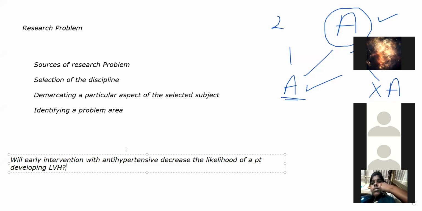If you want to see whether that antihypertensive drug is working and whether there is an effect over the years, generally LVH will occur and it will take time. Okay? It will not immediately occur. As soon as the patient is diagnosed with hypertension, it will not happen that the next day they are developing left ventricular hypertrophy. It will occur over several years where their cardiac muscles are adapting by undergoing hypertrophy.